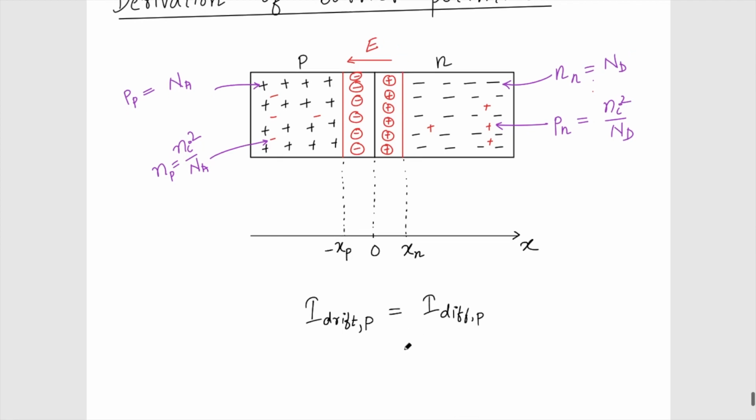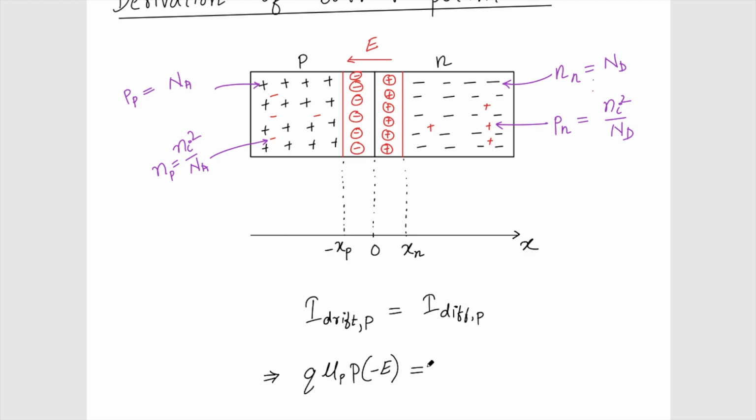We know the expression for the drift current is q mu p into E, where E is in the direction opposite to x, so minus E basically, and this is equal to the diffusion current, q Dp dp by dx.